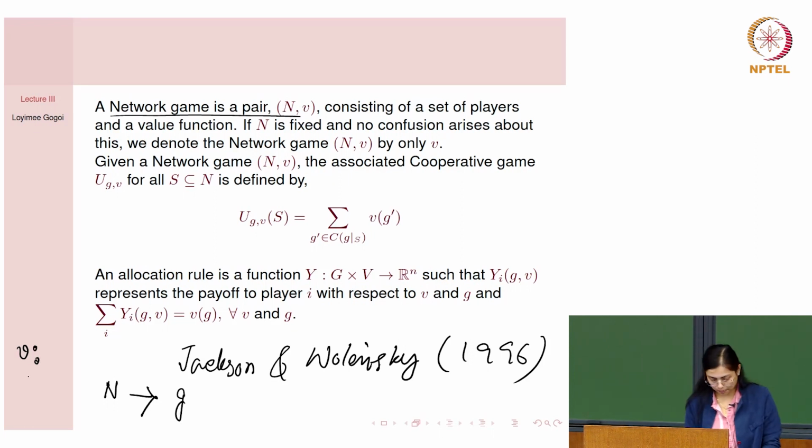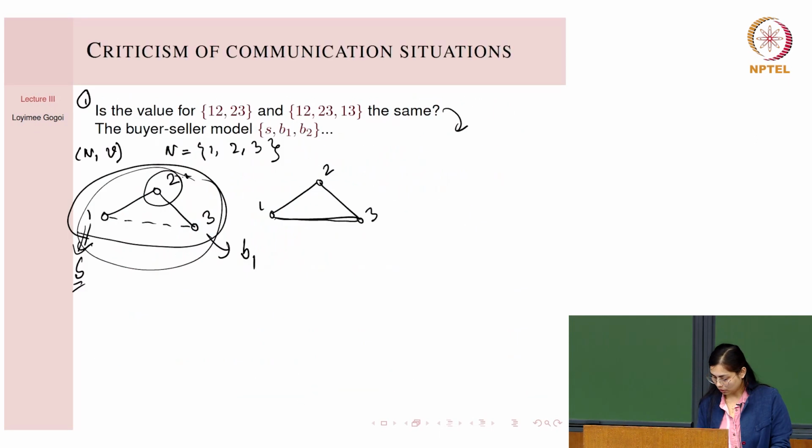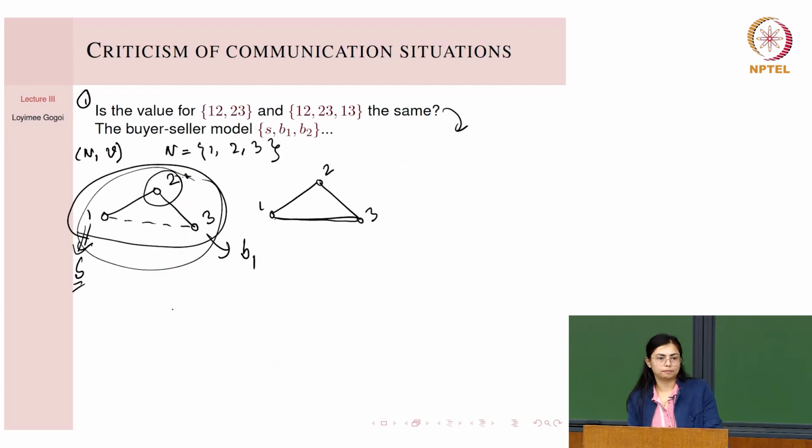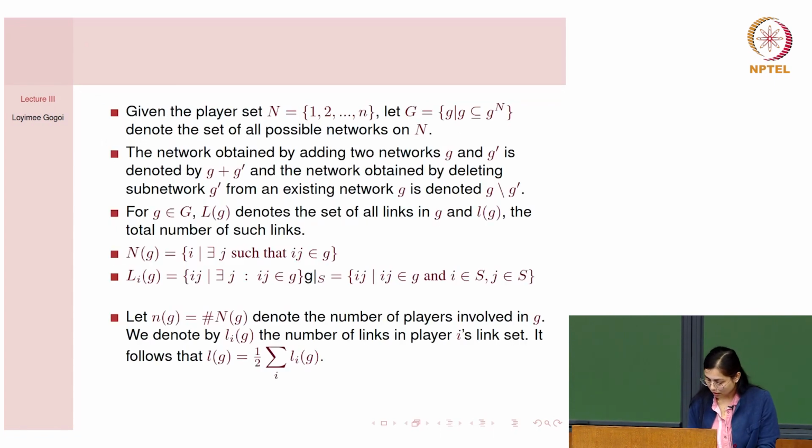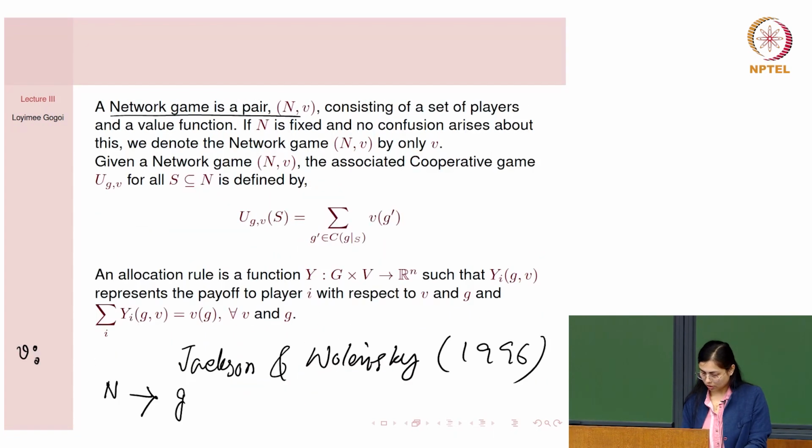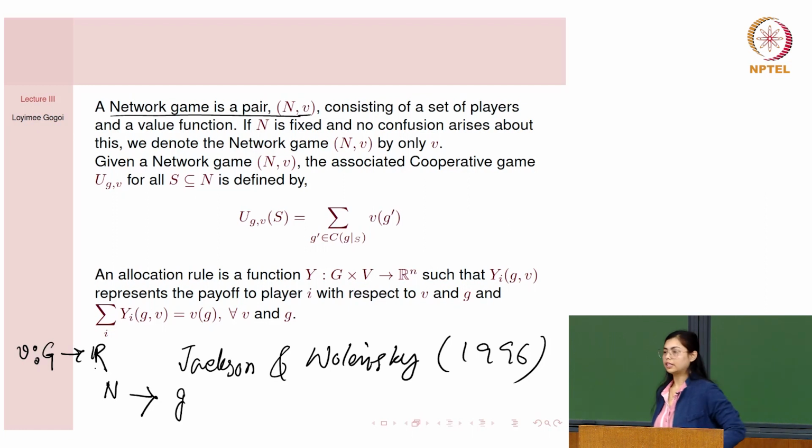So for a network game, the network structure is different. Together with this pair N and V, we call it the network game. What is V? What is the domain of V? The domain of V is Z, it's a real-valued function.